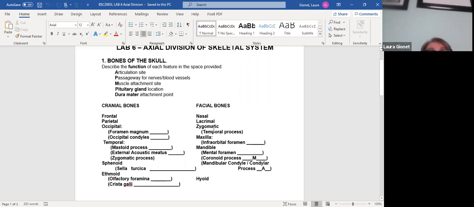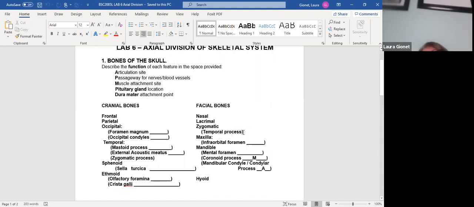Right, then you have the zygomatic bones that are the apples of your cheeks. So the bone is zygomatic, the little piece of bone that extends back posterior toward your ears is called the temporal process. And that temporal process of the zygomatic bone fuses with the zygomatic process of the temporal bone to form the zygomatic arch.